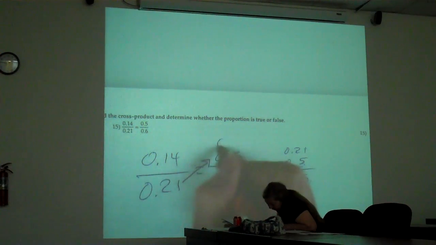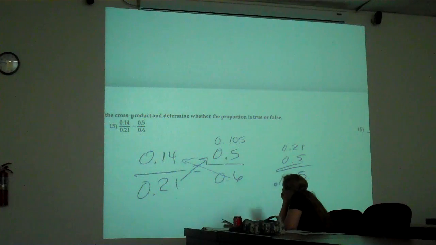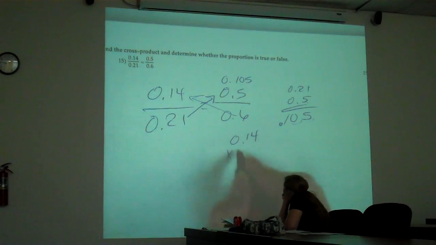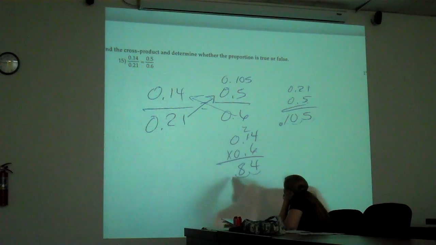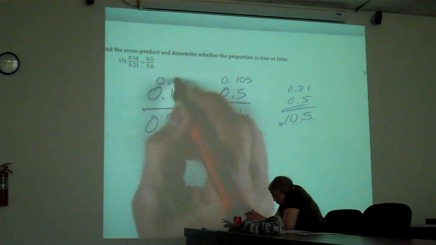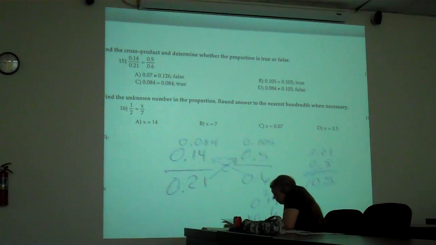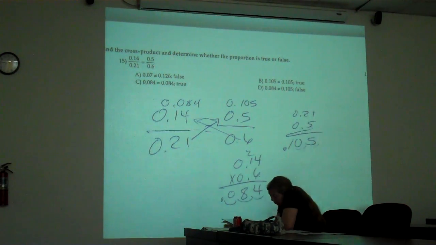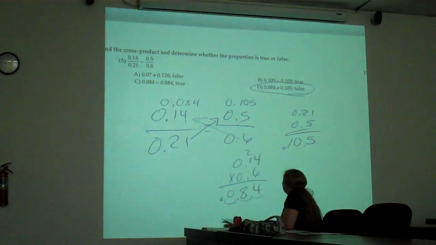So that's 0.105. Now do the 0.14 times 0.6. 6 times 4 is 24, and so on. That's definitely not a proportion, is it? So that was the 2 answers we got, and it was false.